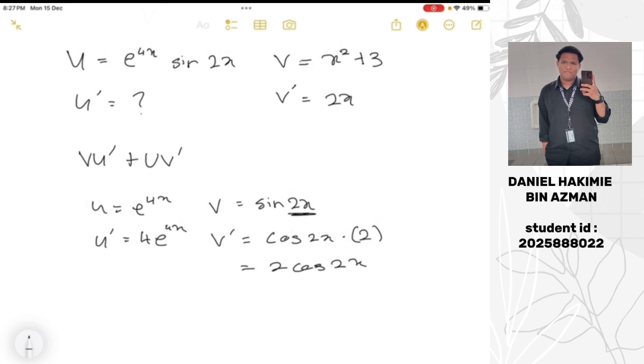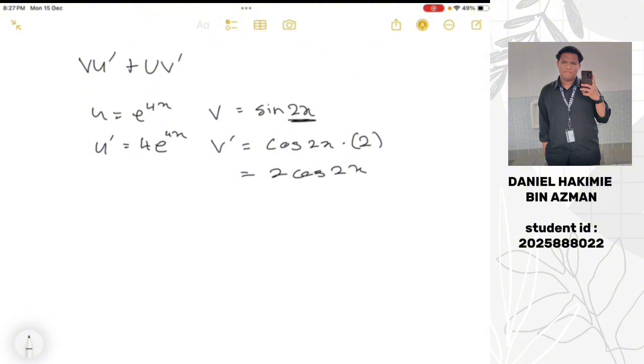Now I substitute the values into the formula. So v is sin 2x multiplied by u', which is 4e^(4x), plus e^(4x) multiplied by 2 cos 2x.